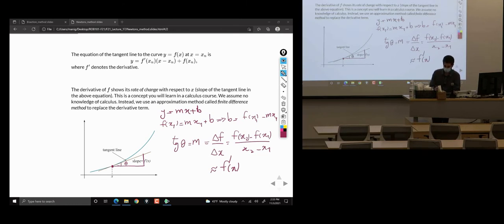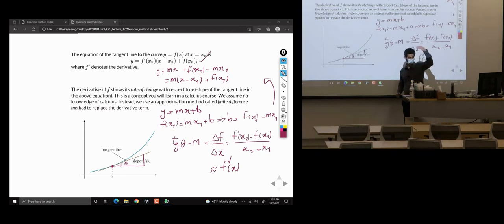Substituting back here, y equals m x plus f of x1 minus m x1. This gives us m times x minus x1 plus f of x1. This is what I was talking about up there.